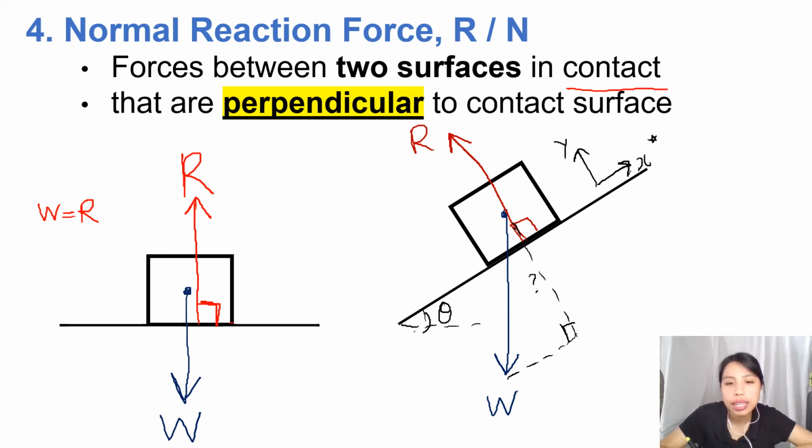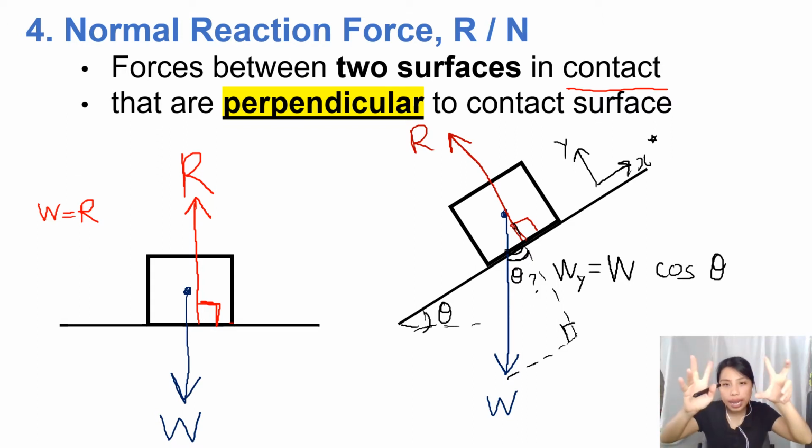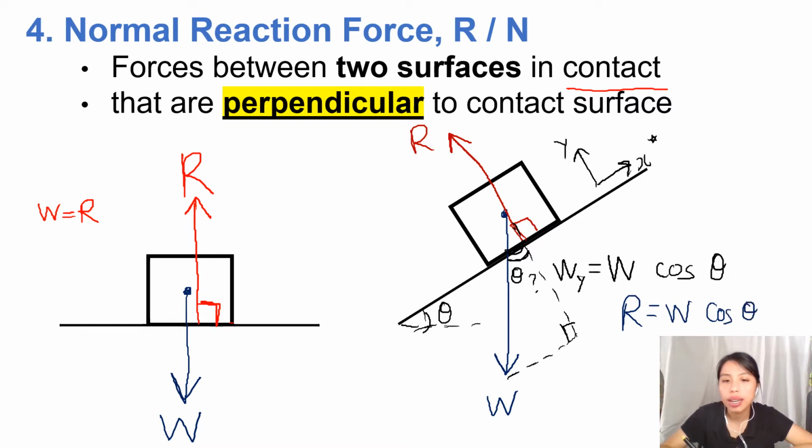If the inclined angle is theta, then for this triangle your angle here is also theta, which means the Y component is W, adjacent over hypotenuse, cosine of theta. Meaning in the Y direction you have a balance of R equals W cos theta.